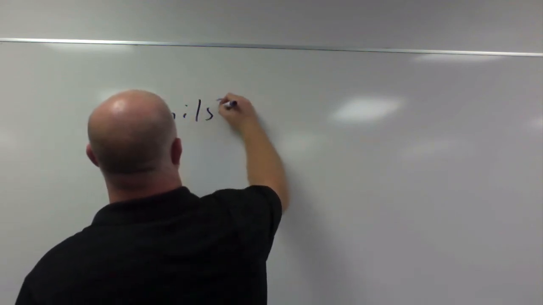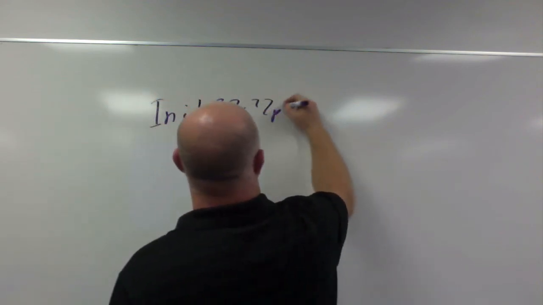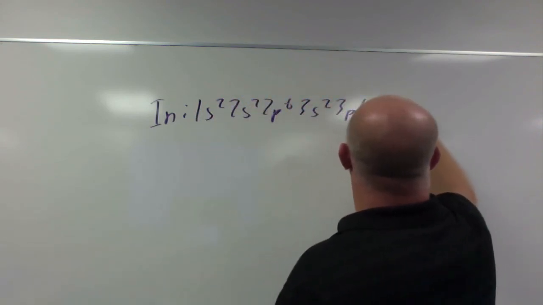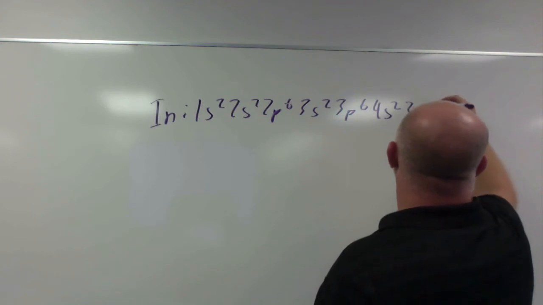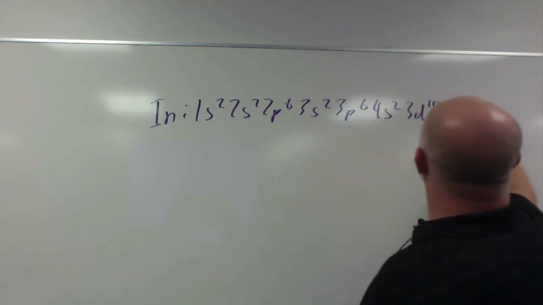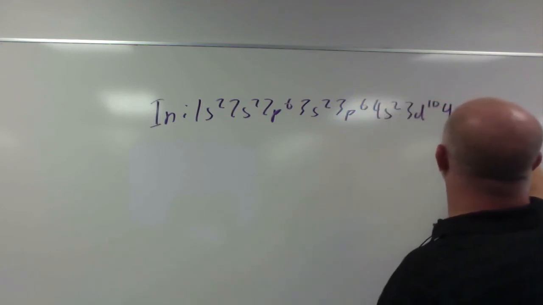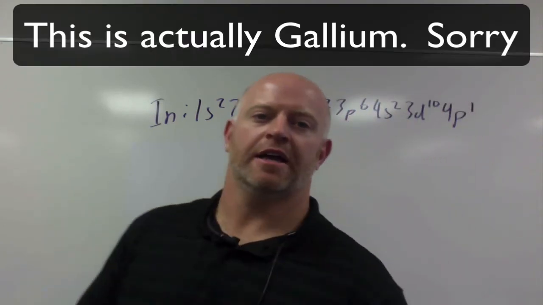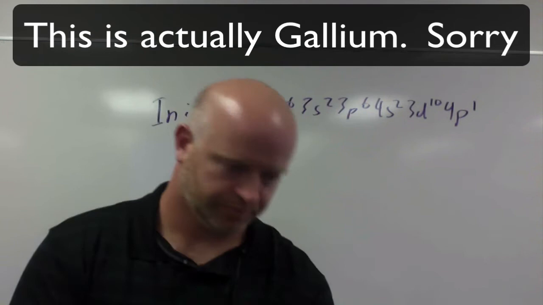Indium is number 49 on the periodic table, and its electron configuration is 1s2, 2s2, 2p6, 3s2, 3p6, 4s2, 3d10, and then 4p1.